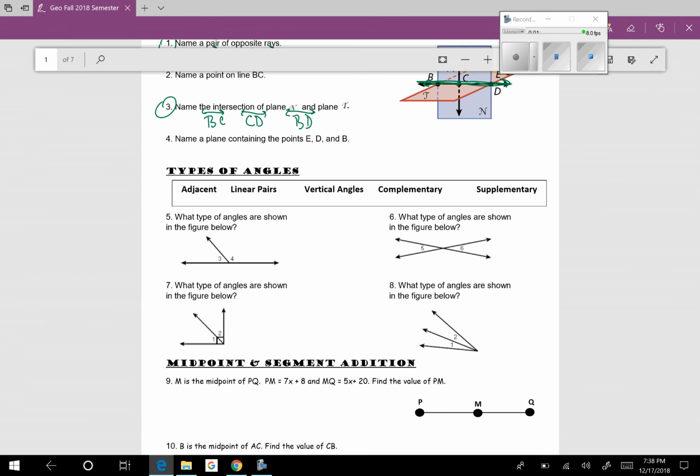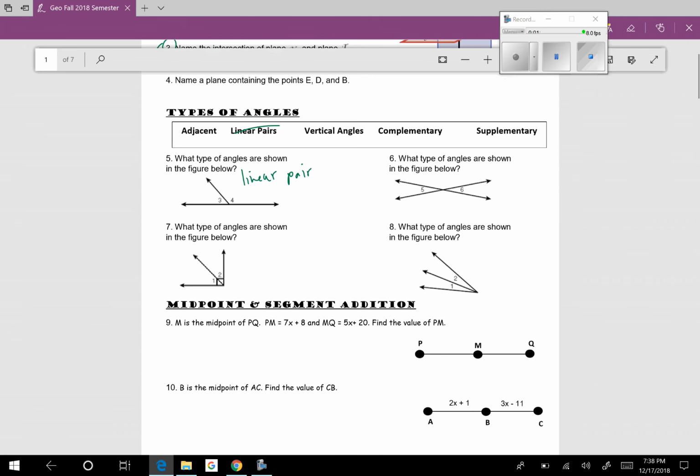Okay, number 5, it says to name the kinds of angles here. Well, these two, they're adjacent and they're also supplementary, so that is a linear pair. You want to try to use the most specific name. All right, number 7, what type of angles are shown here? Well, we could say adjacent, but that's not really the most specific.